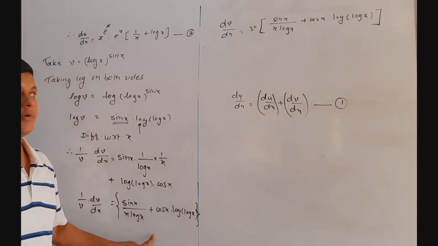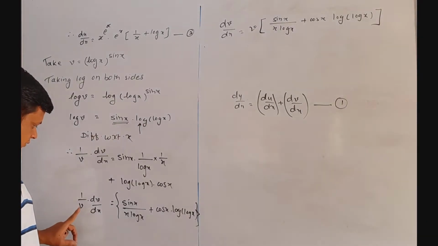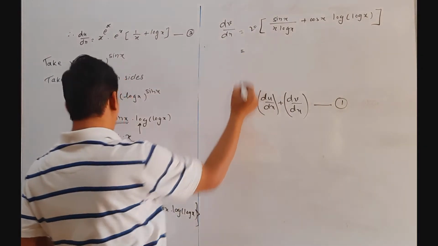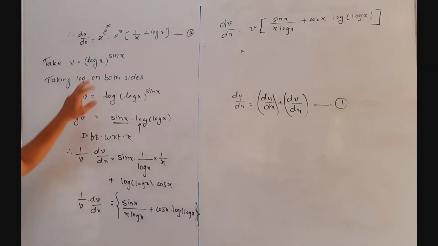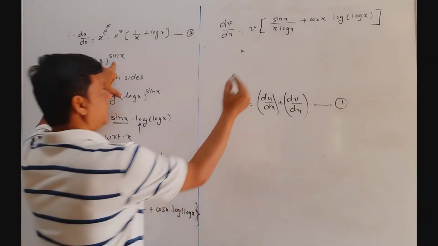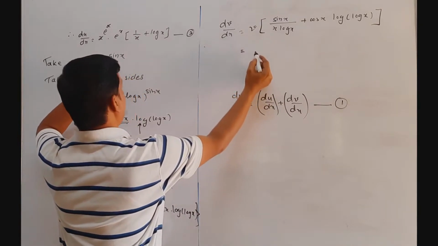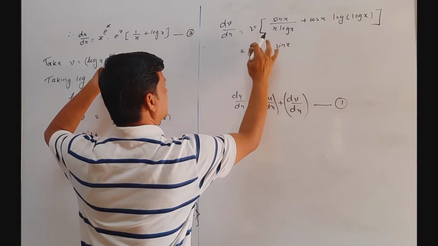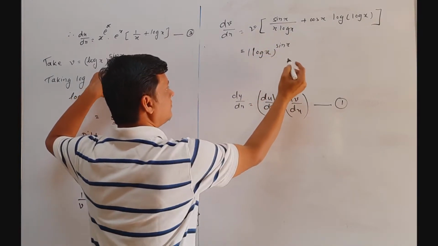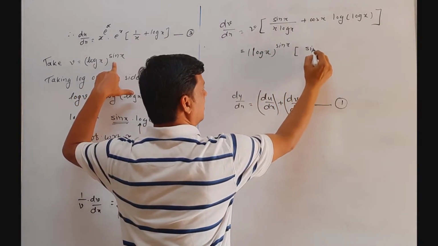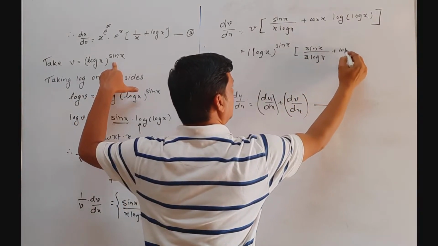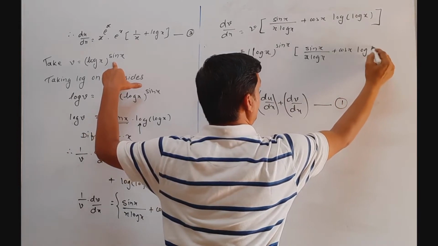Now we have to substitute the value of v. The value of v is (log x) raised to the power sin x. So in place of v, (log x) raised to the power sin x in bracket sin x upon x log x plus cos x into log of log x.